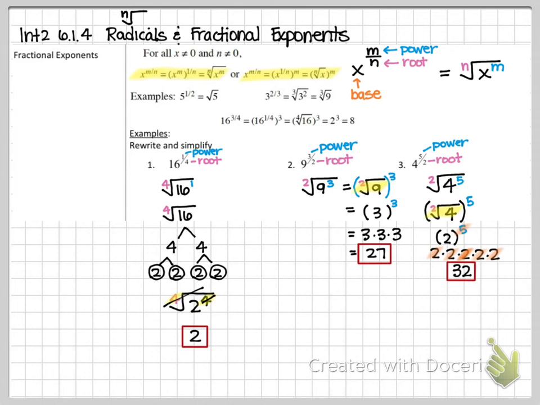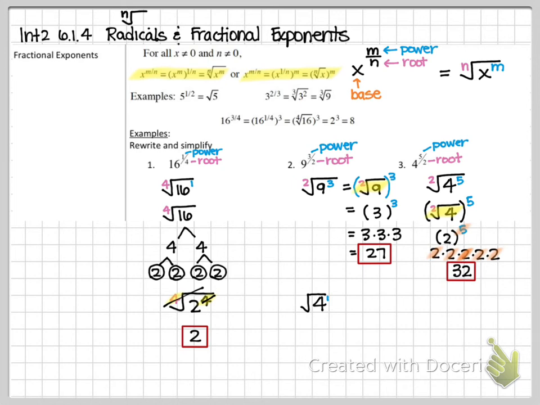So roots can be transferred into exponents, fractional exponents. So we can even do something as basic as, and you can type it into your calculator like this too. I know that if I had 4 square rooted, so just hypothetically separate answer, if there are no power or root, well, the power that you don't have to write down is a 1, because anything to the first power is just whatever that anything is.